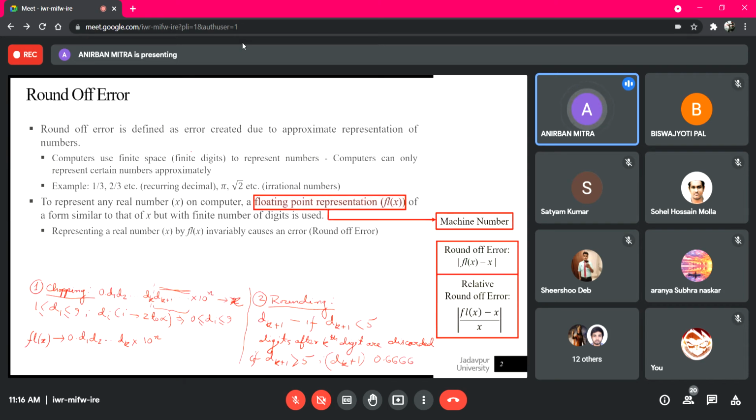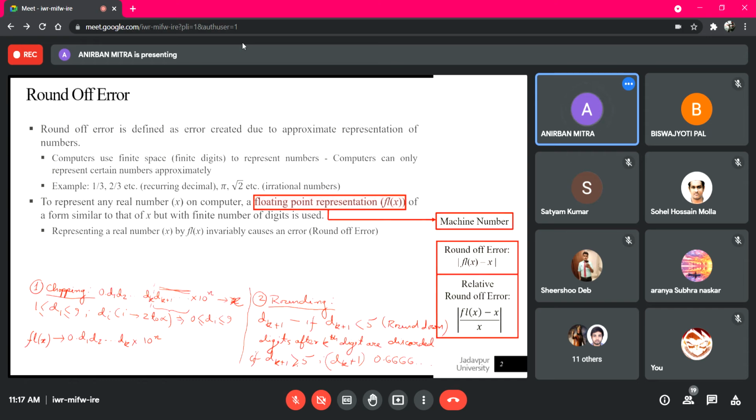So we are considering the case of 2/3. It's a recurring decimal. After 4 digits, if you chop, it is going to be 0.6666. But after 4 digits, if you decide to round, then this becomes 0.6667. So if the k+1th digit is less than 5, then we round down.